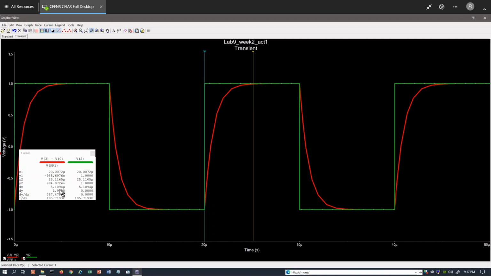Now we see the time interval between the two cursors is about 5.10 microseconds. So this is the time we have from our simulation for the charging process.